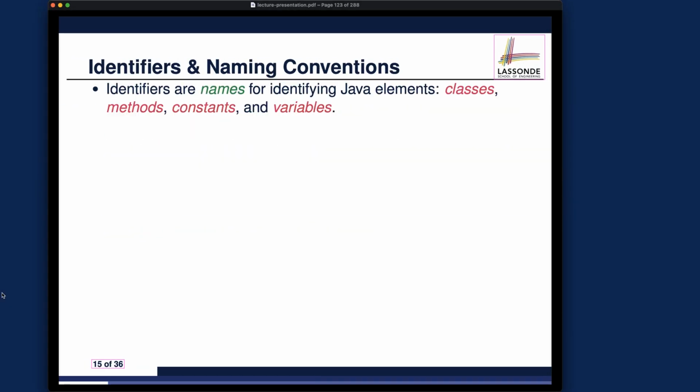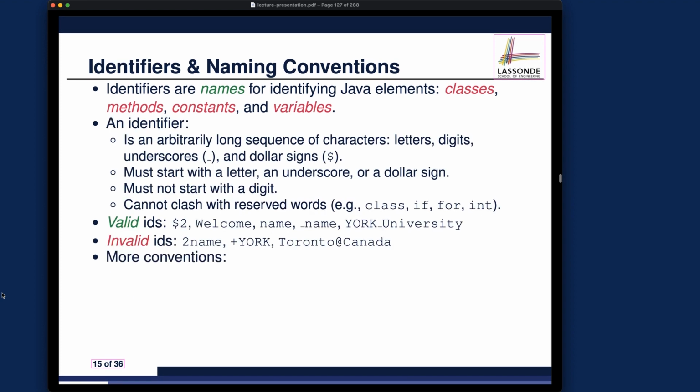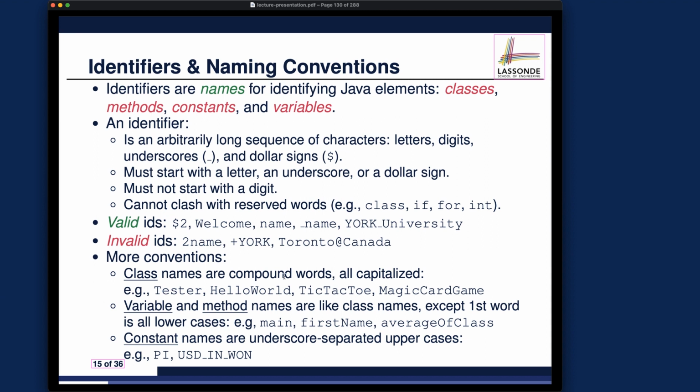This slide over here is just about some naming conventions. Whenever you want to create names for your variables, name constants, or classes, there are certain conventions to follow. I don't want to waste your time by reading off the slides. I'll leave this slide here for you to read. For example, a class name should be capitalized, and for compound words, every word should be capitalized.